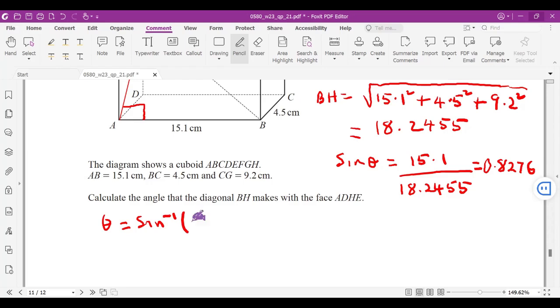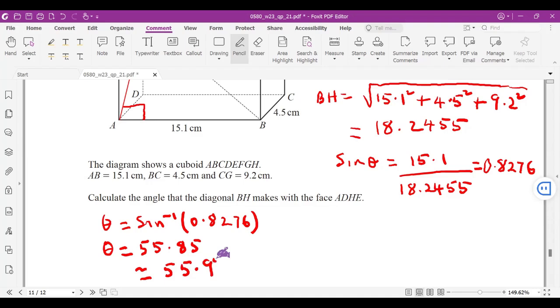Final inverse of 0.8276. So here, theta equals 55.885, which is approximately 55.9 degrees.